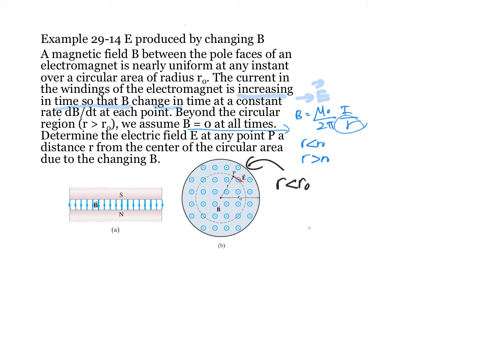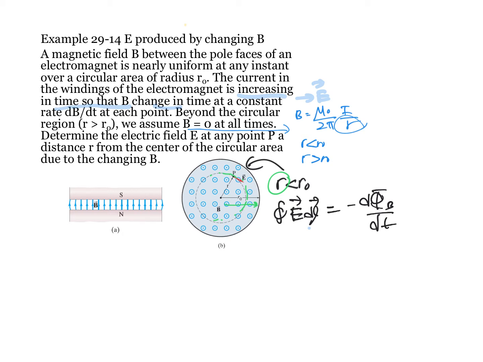The dashed line over here represents our closed loop for R, and R naught is the full radius. Based on the formula itself, the closed loop integral of E dot dL equals negative d flux B over dt.